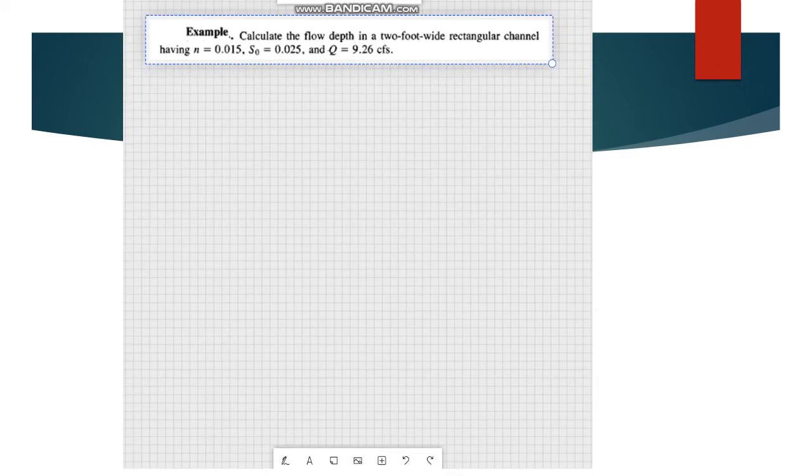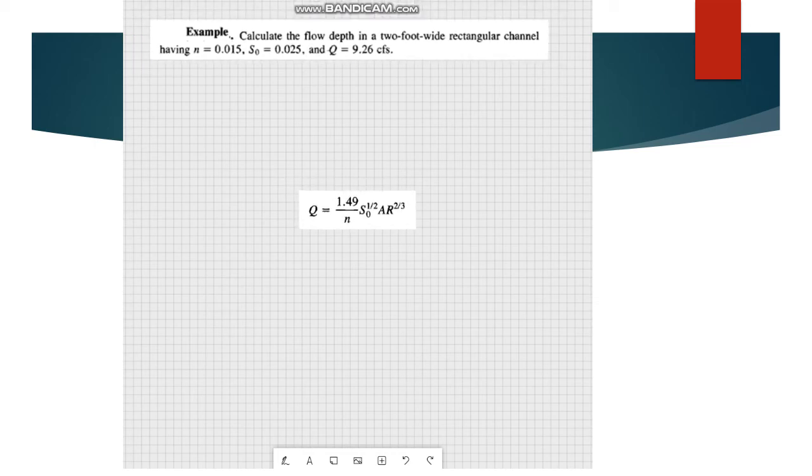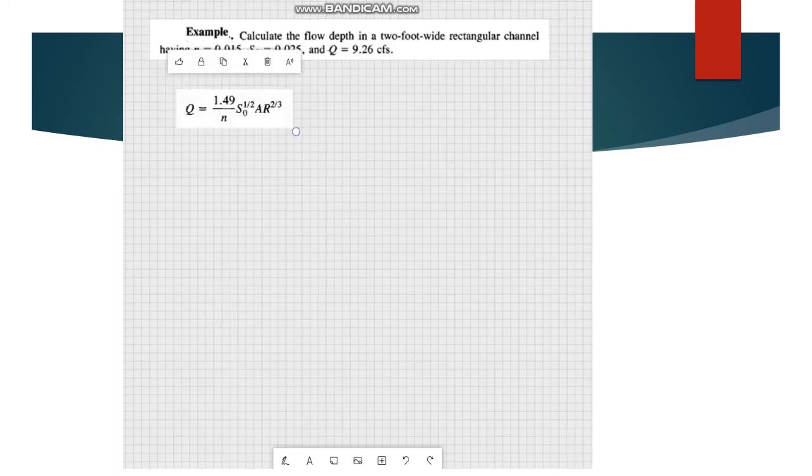In this question, we need to calculate the flow depth for the 2-foot wide rectangular channel. First of all, we need to use the Manning equation in order to find the flow depth, the flow rate. So this is the Manning equation, as you remember.